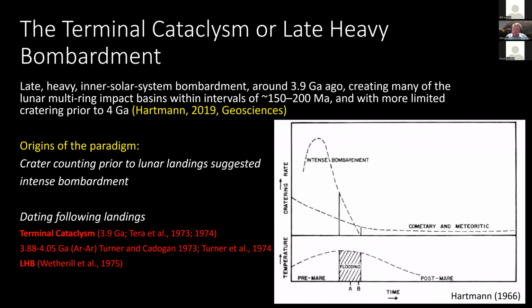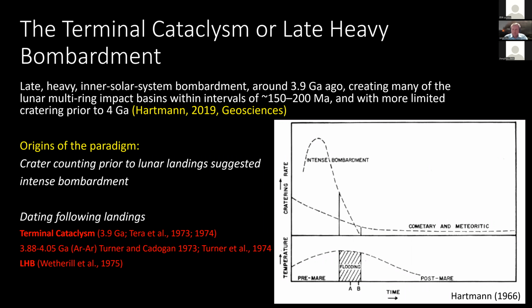Now, obviously in 1966, Bill Hartmann didn't have any of this crater chronology calibrated. He didn't have ages, precise ages. But the return of samples from the moon by the Apollo samples and also by the Soviet lunar samples provided dates that could then be calibrated to this crater counting chronology.